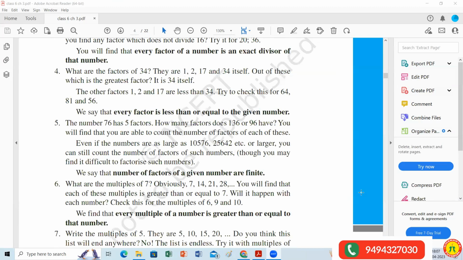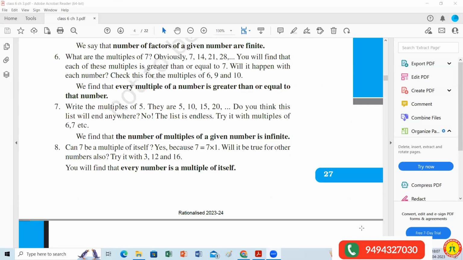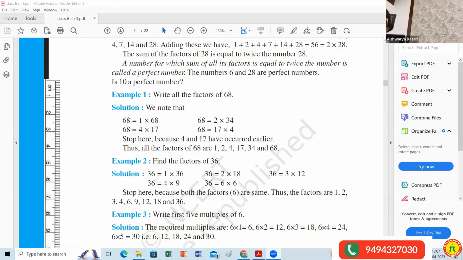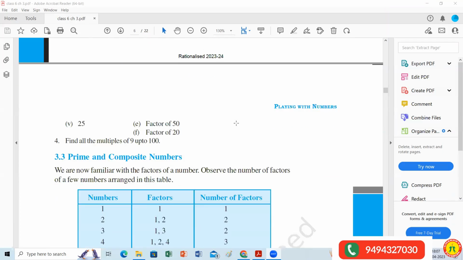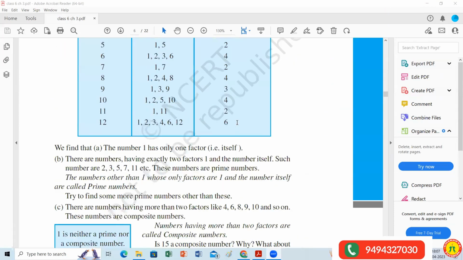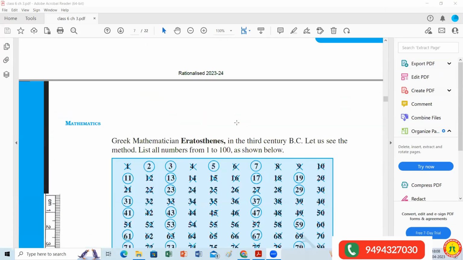And Aishwarya is here. Aishwarya, I want to confirm, what are prime numbers? Ma'am, prime numbers only have 2 factors. Only 2 factors, 1 and the number itself. Right. Noor is here.